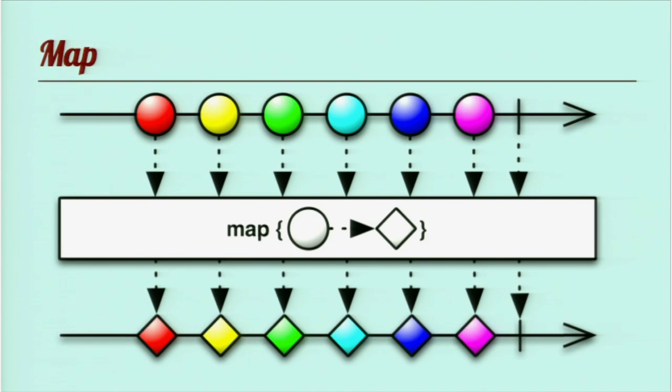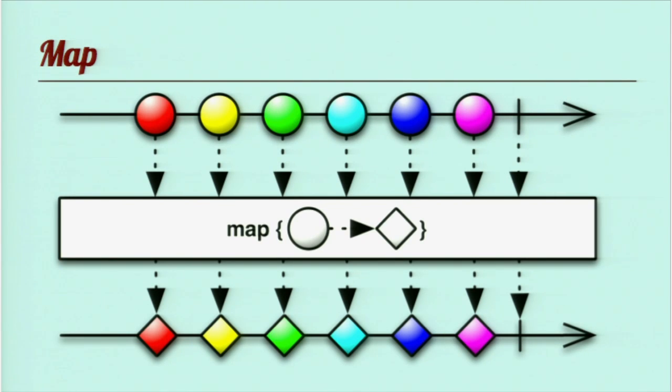So the idea of map is that you have an input stream of marbles, and you describe a map function, which is your transformation, and it will apply this map function to every item in the source observable to produce an output observable.